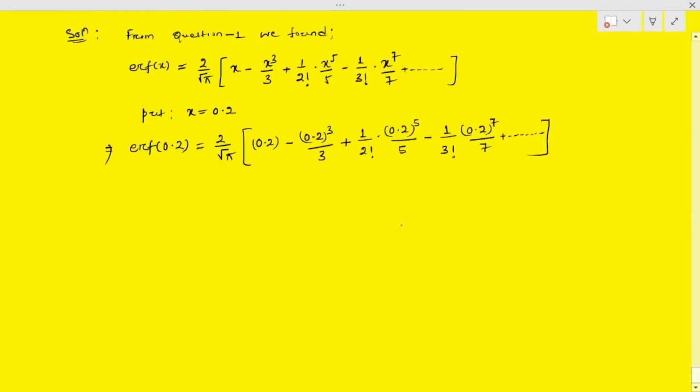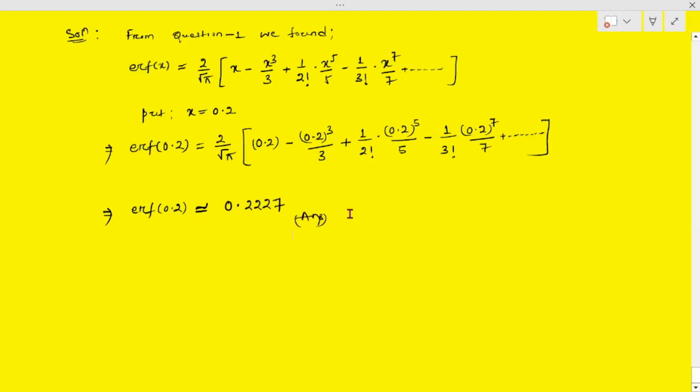You just calculate with the help of the calculator; instead of pi you substitute 3.14. You can find the approximate value of the error function of 0.2 as 0.227.